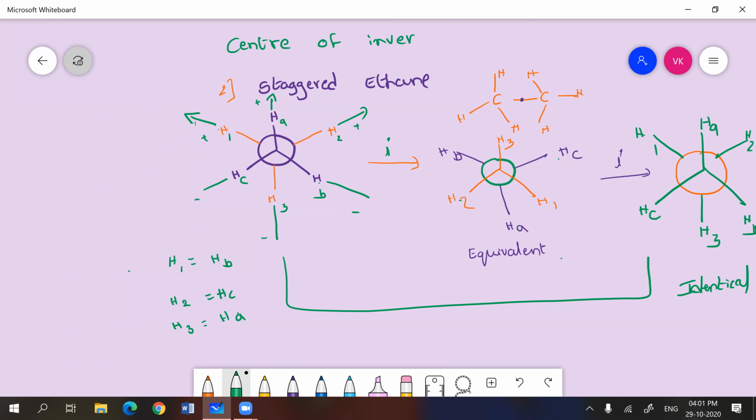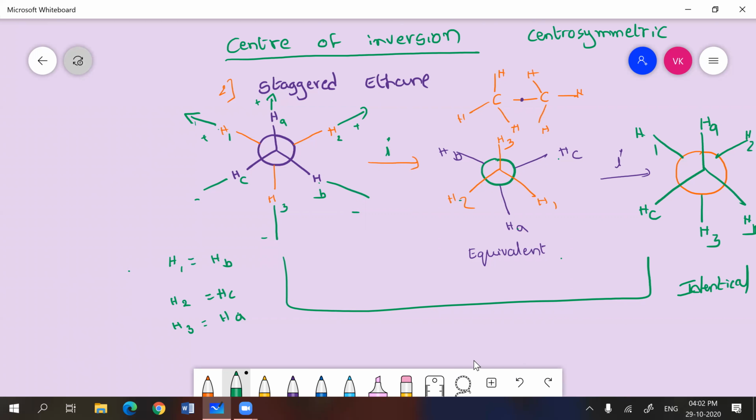Those molecules which have a center of symmetry, or inversion center, are said to be centrosymmetric. The other name for this is center of inversion or inversion center.